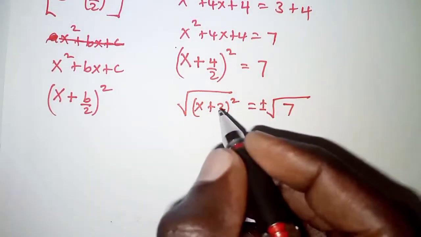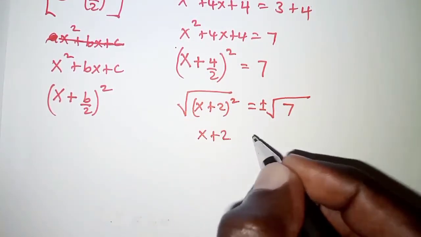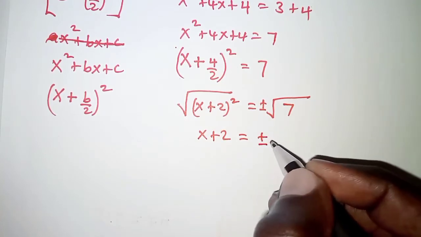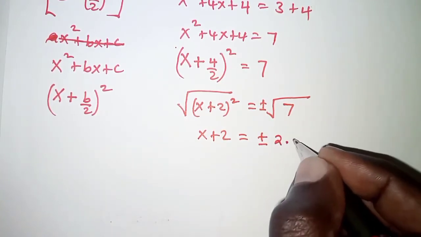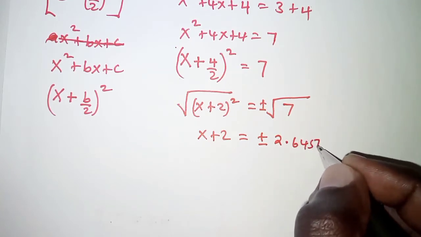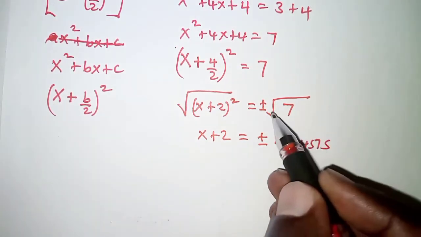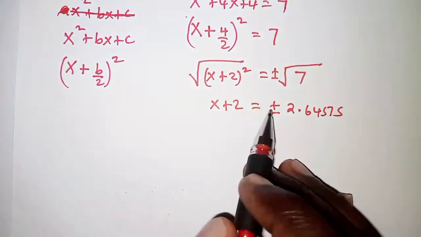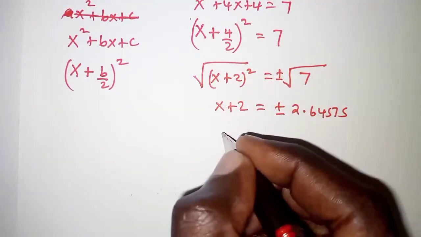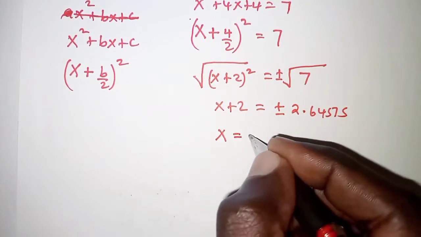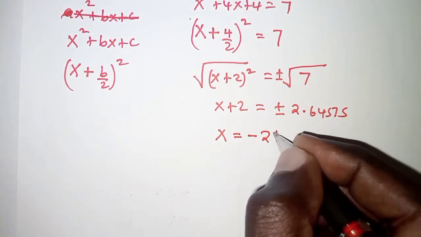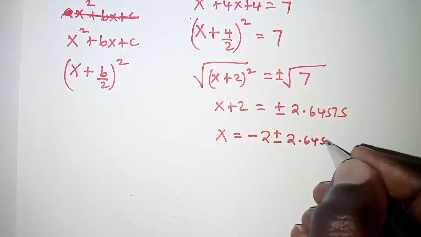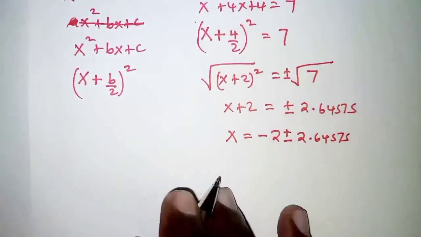On the left hand side we have x plus 2, on the right hand side we have plus or minus 2.64575, that is the square root of 7. And then we'll take 2 to the right hand side, that will be x is equal to negative 2 plus or minus 2.64575.